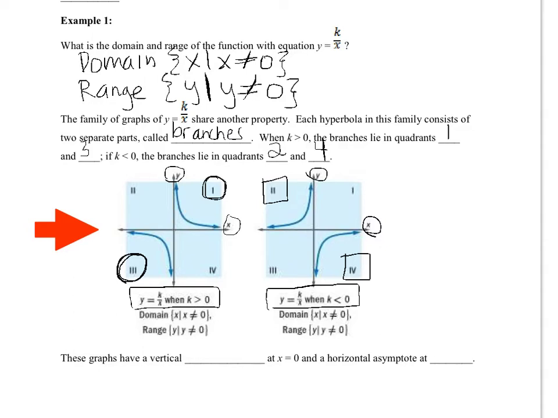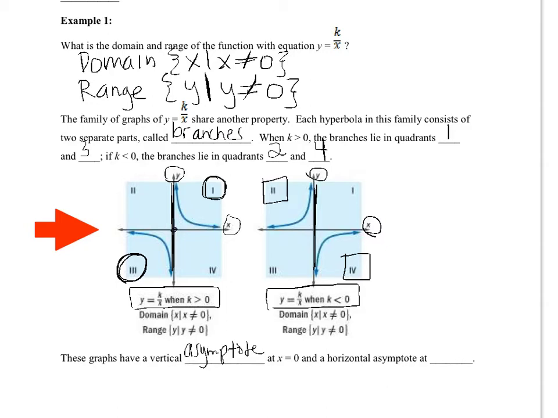These graphs also have a vertical asymptote, and that's kind of a funny spelled word: A-S-Y-M-P-T-O-T-E, at x equals 0. Vertical, we know, is up and down. So there's a vertical asymptote at x equals 0. That line x equals 0, which is actually the y-axis, is called a vertical asymptote because these graphs never touch those lines.